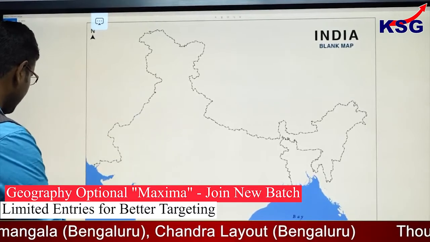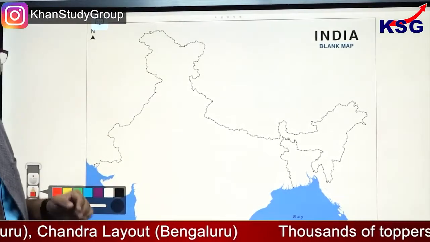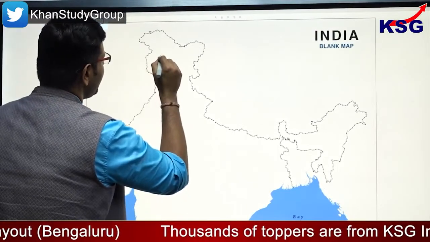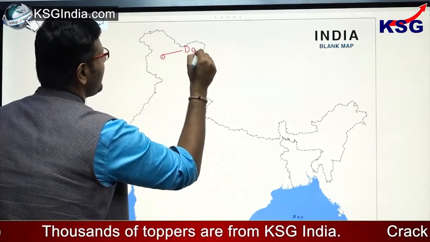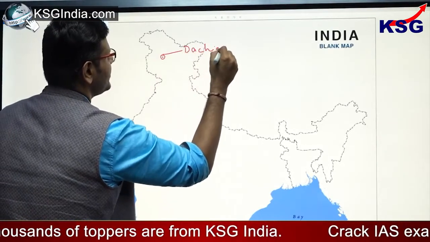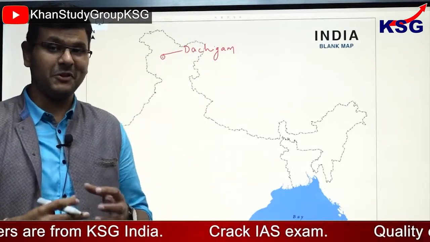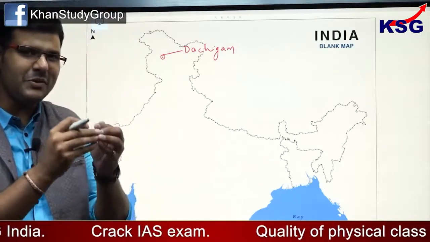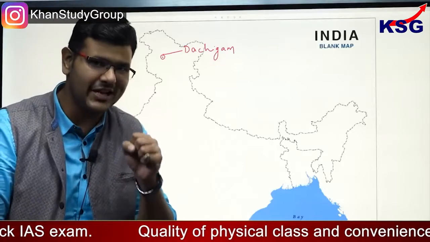For example, we'll start with the northernmost of it, and that is your Dachigam National Park, known for its exclusive species. We'll also try to cover some of the species in some sessions, but for the time being I'm just trying to give you a way to mark some of the national parks today.